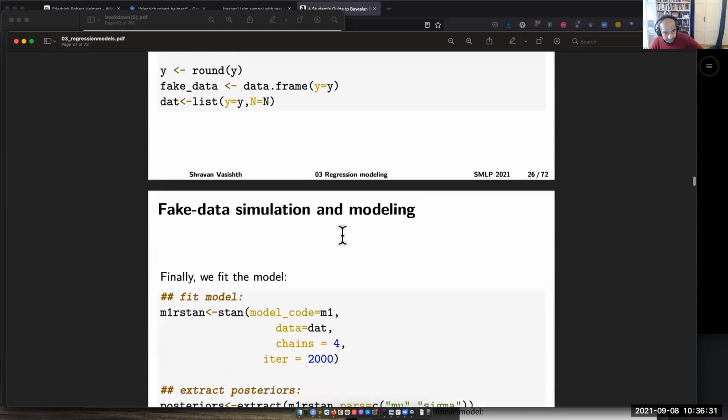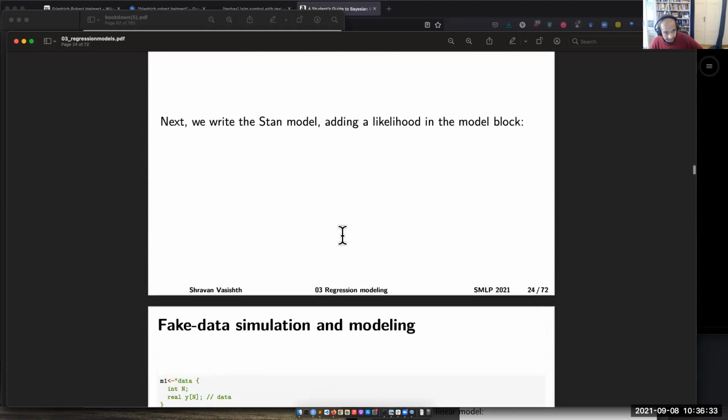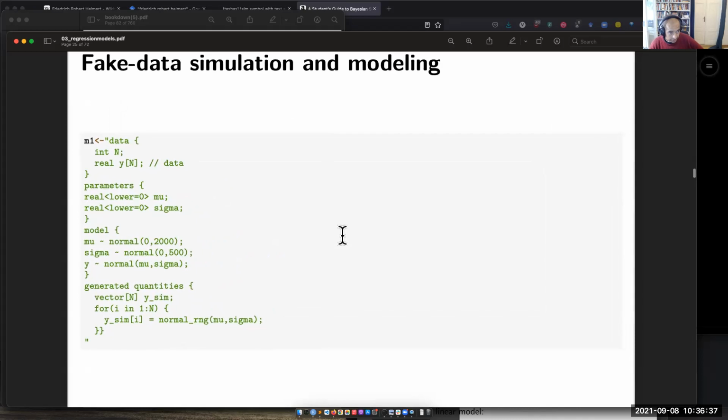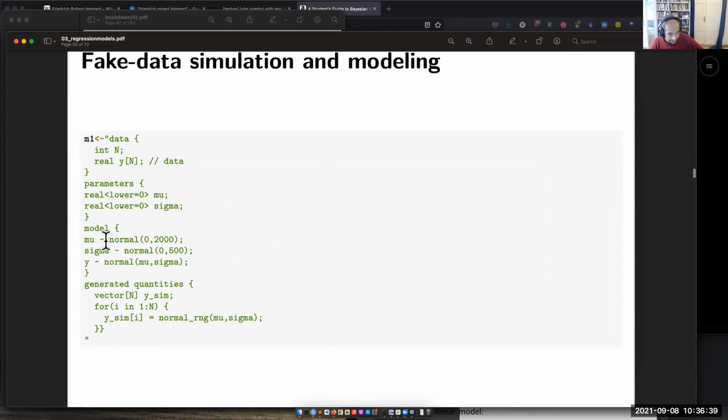Look here. If you look at the model block, here is the specification for mu's prior, the specification for normal for sigma, right? And here is the likelihood. Okay, I see. The confusion came because in BRMS, we did it separately in two different codes.